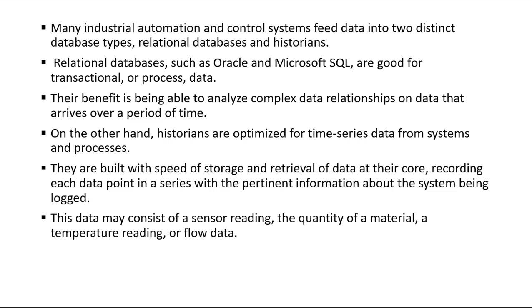That's why a historian is used for temperature from a sensor every second, because it collects data that changes over time, recording the data for each and every second. Both help us store and use data efficiently. Both databases are different, and both are useful, depending on the user's need.